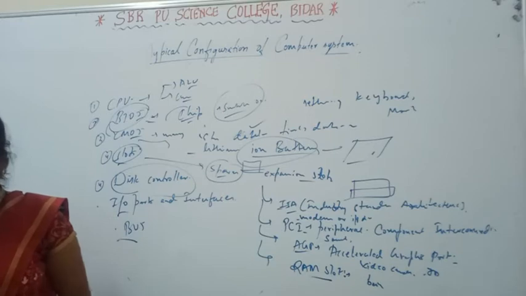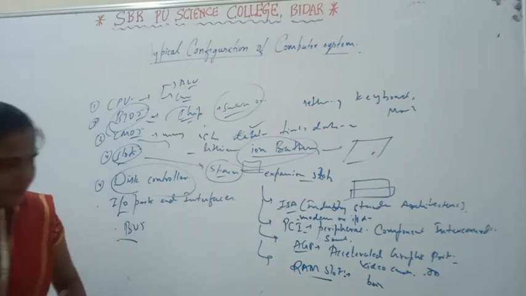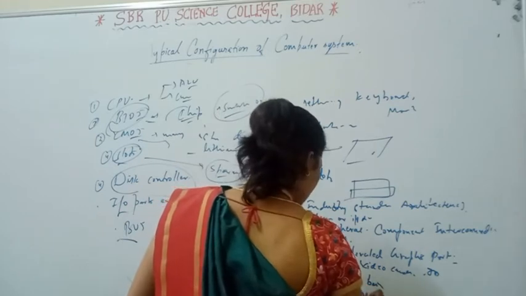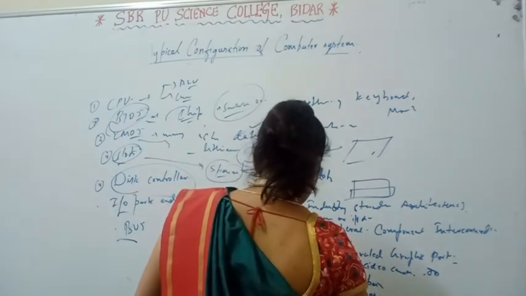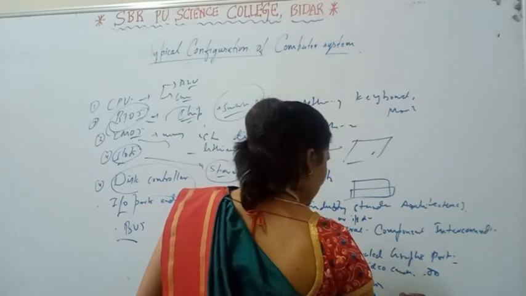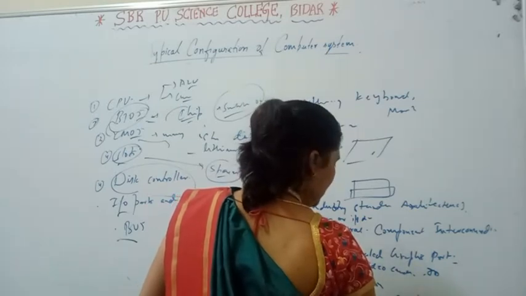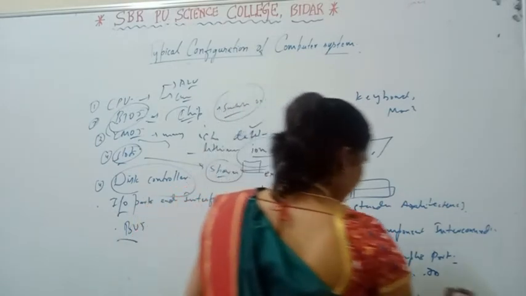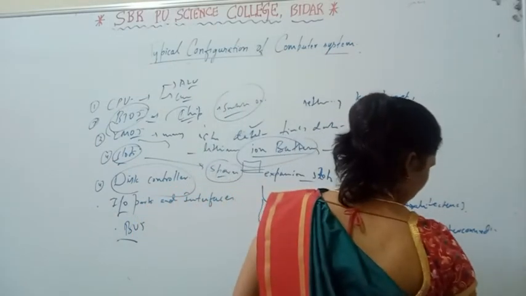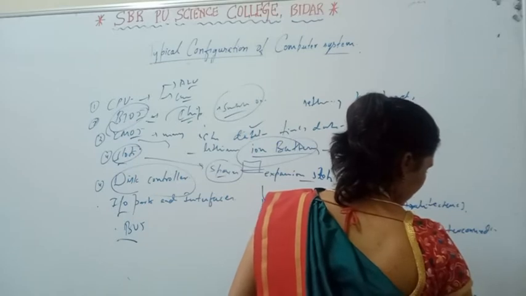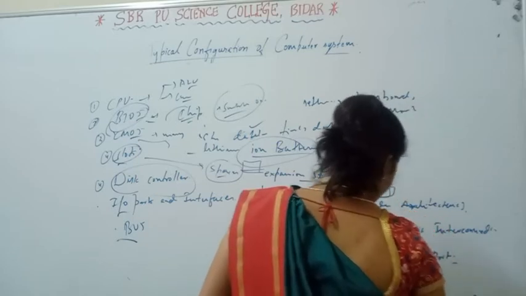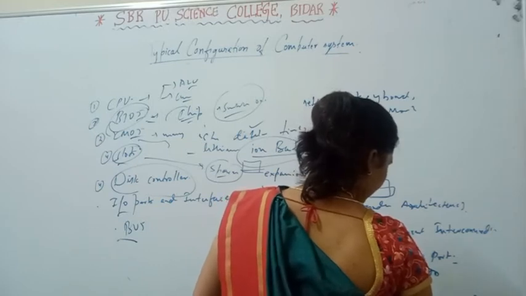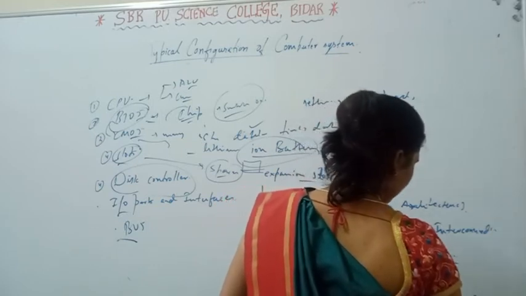Two types of RAM slots are present: the first one is SIMM, single inline memory module, and the second one is DIMM, dual inline memory module.